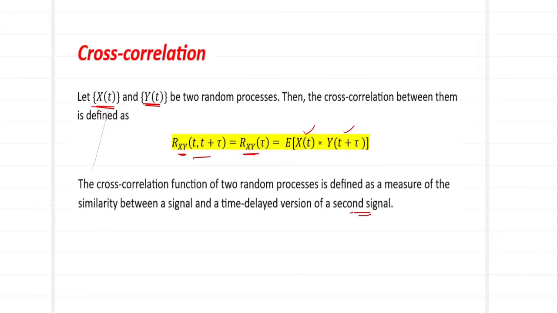So what happened in autocorrelation? It was a time delayed version of the same signal. But now over here we have a different version of it called y of t taken from another random process. So when we compute the expected value of the product of x of t with y of t plus tau, the outcome is referred to as cross correlation.